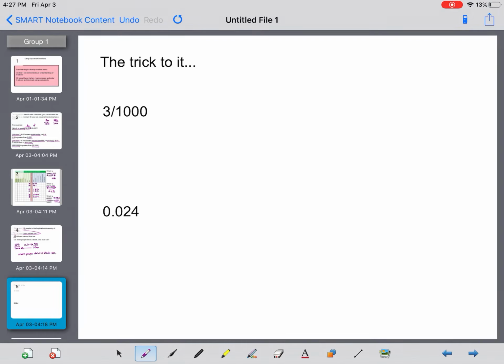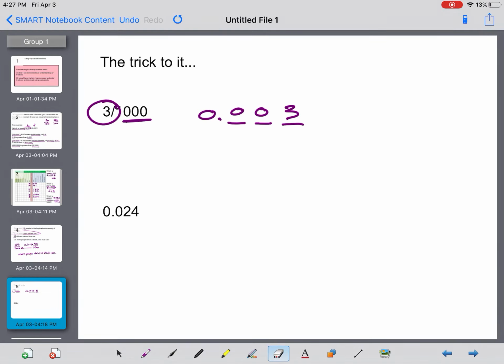When I'm converting a fraction to a decimal, I always look at the number of zeros that I have there, and that's how many places I need to have after the decimal. Okay, so because this number is 3, I know my 3 goes at the end there, and I fill in some placeholders here. And again, like we talked about last lesson, the 3 wouldn't go here because then that number would be 300, not 3.